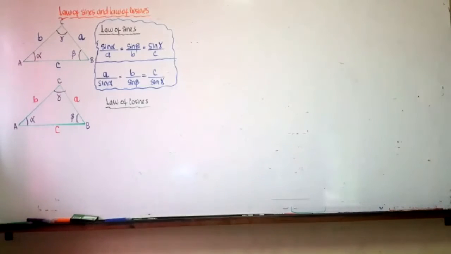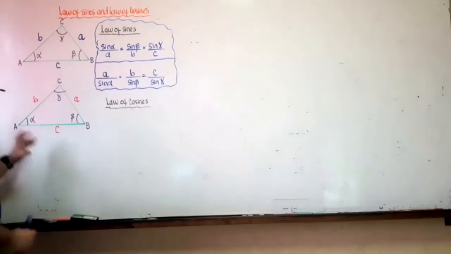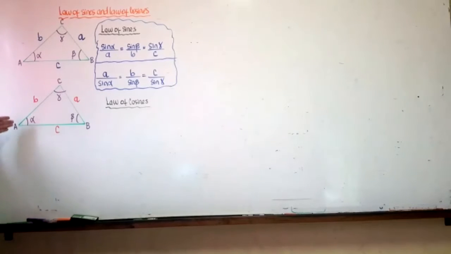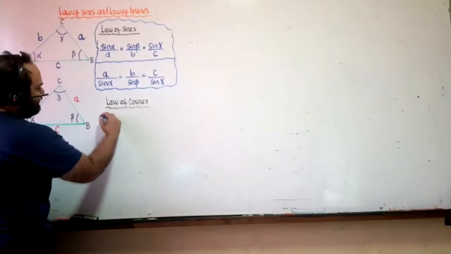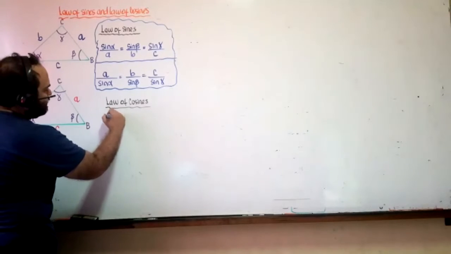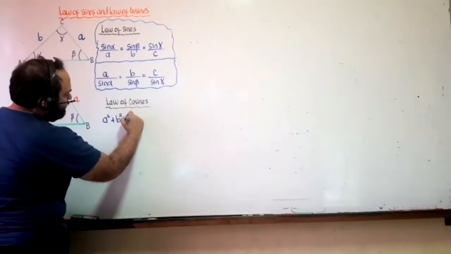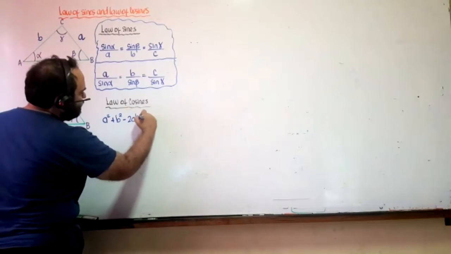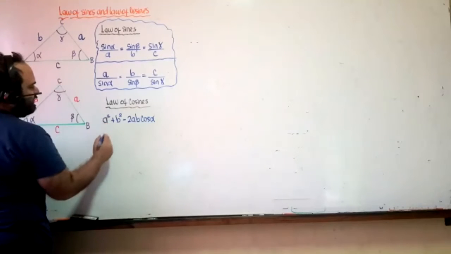And what will be the formula of the law of cosines? Well, it depends on the vertex. For example, if we're looking for the leg A, the law of cosines is given by the equation A squared equals B squared plus C squared minus 2BC cosine alpha.